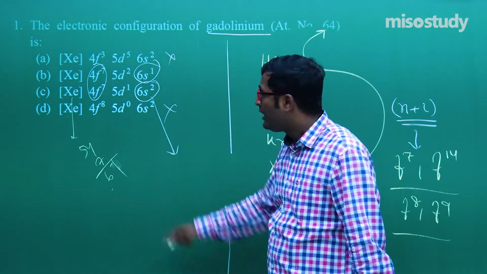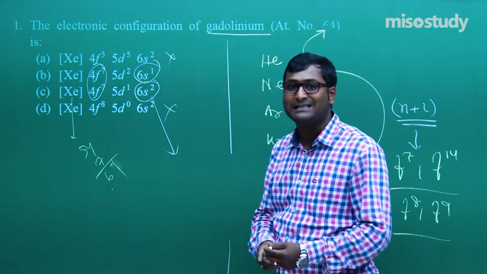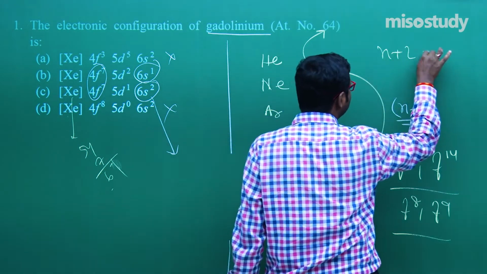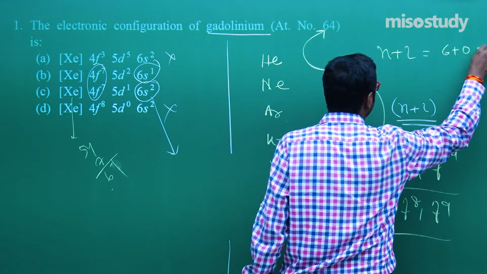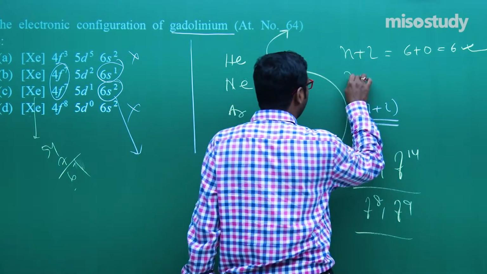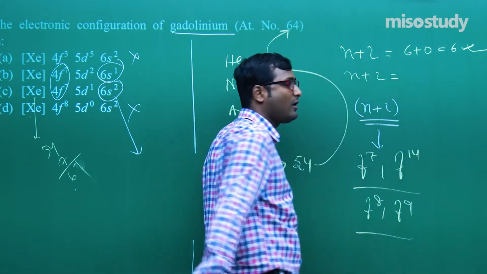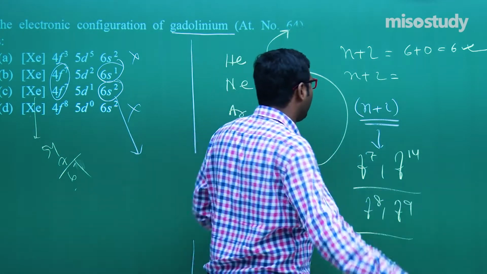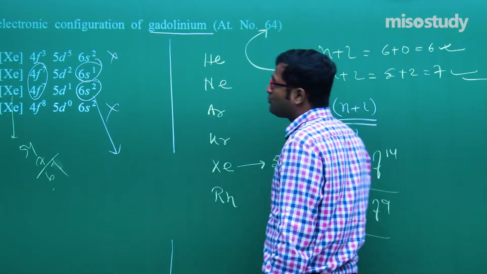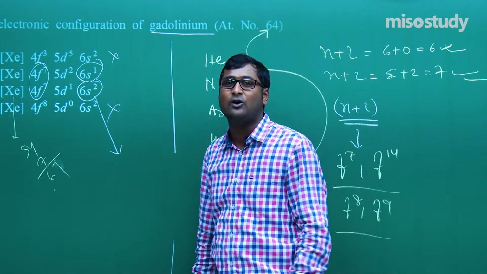Why 6s2? Because when you compare 5d and 6s, tell me, what is the n plus l value for 6s? That is 6 plus 0 equal to 6, my friend. What will be the n plus l value for 5d? It's very simple, that is 5 plus 2 equal to 7. Now compare which one has the lowest value of n plus l.